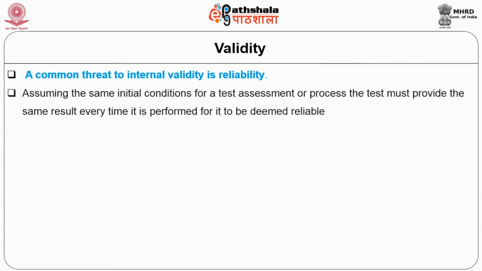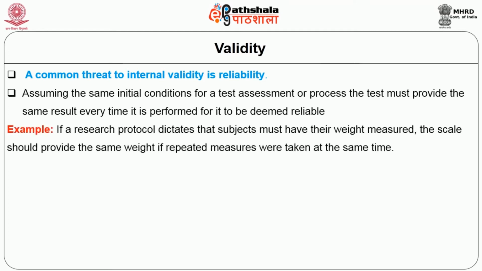Assuming the same initial conditions for a test, assessment or process, the test must provide the same results every time it is performed for it to be deemed reliable. For example, if a research protocol dictates that subjects must have their weight measured, the scale should provide the same weight if repeated measures were taken at the same time.